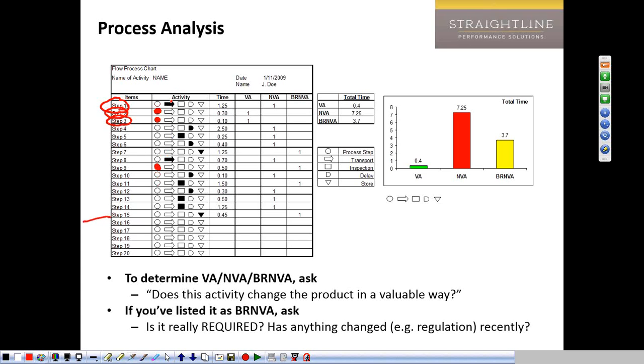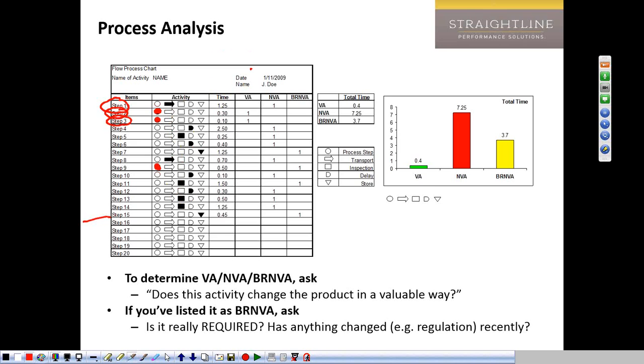The rest are either transportation, inspections, delays, or storage. And those are arguably all non-value added. That would be enough, and visually, I think very quickly you can see where a lot of waste is. So if you just do that, there's a lot of value in this particular tool.